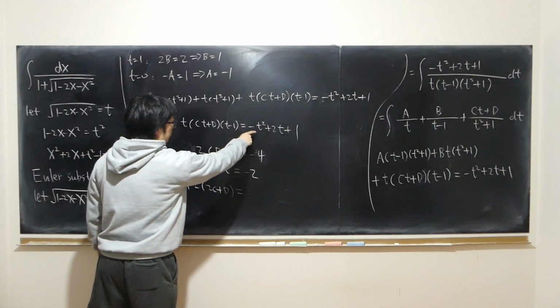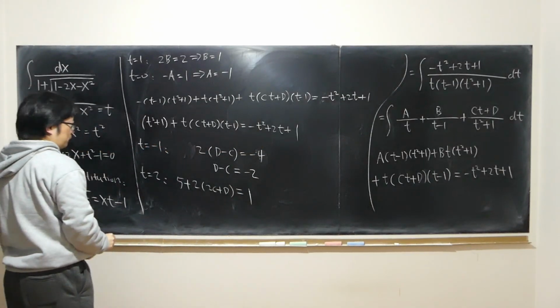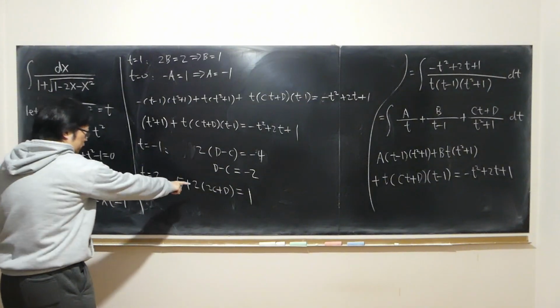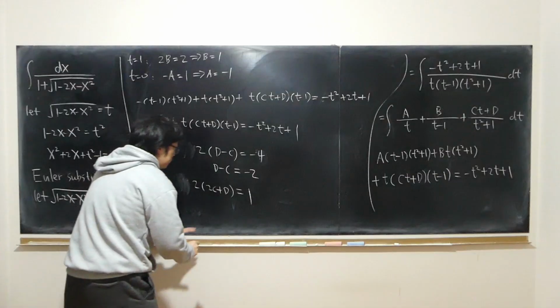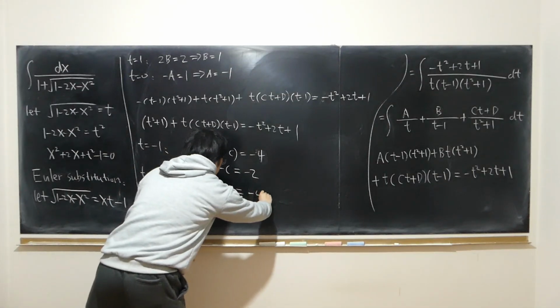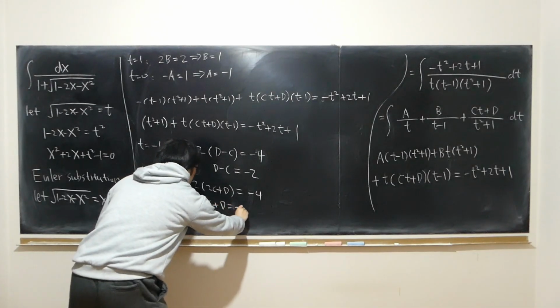So negative 4 plus 4, 0 plus 1. So move this 5 to the other side, it becomes negative 4. Cancel out the 2: 2c plus d equals negative 2.